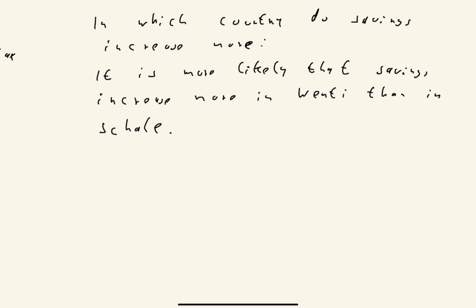So with a higher likelihood, more people in Venti get affected by a $2,000 limit increase on the amount that can be tax deferred than in Shale, because in Venti the limit increases from $2,000 to $4,000, and in Shale it increases from $5,000 to $7,000.